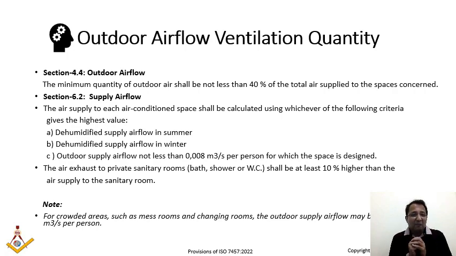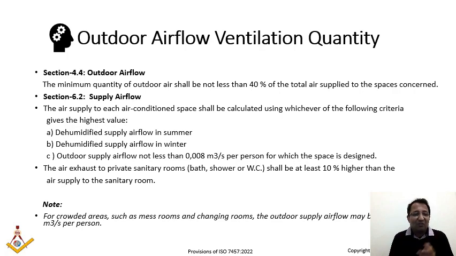This is an interesting clause you need to consider while calculating the ship marine air conditioning system. It is not written that it may not be less than; it is clearly stated shall not be less than 40%. So end of the story.